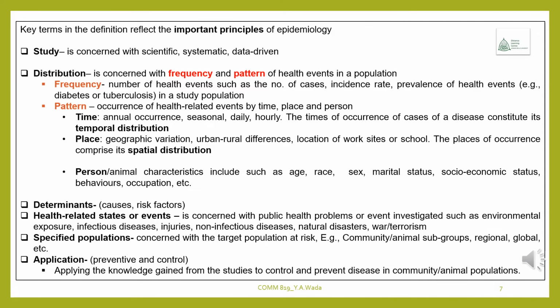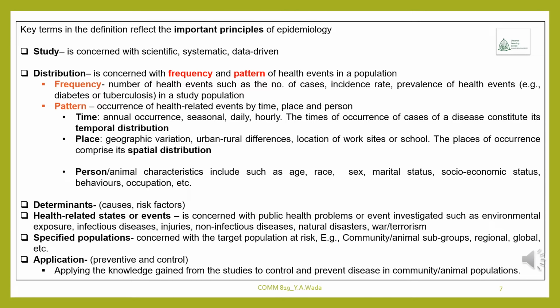It could be between urban setting and rural setting, telling you where the disease is more prevalent in comparison to the other location. Then it tells us more about the location, sites, or schools where you get more prevalence of this disease. And here we say the places of occurrence comprise its spatial distribution.